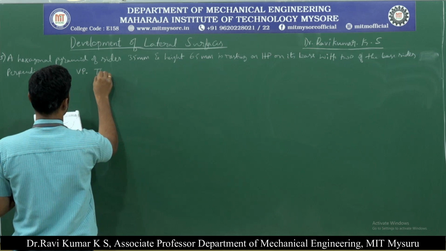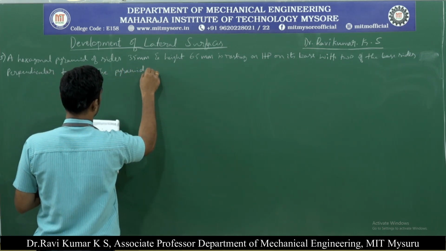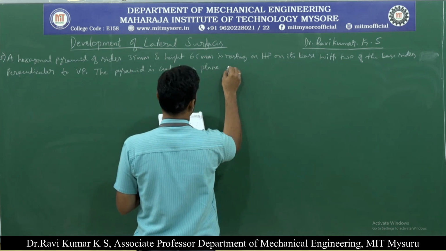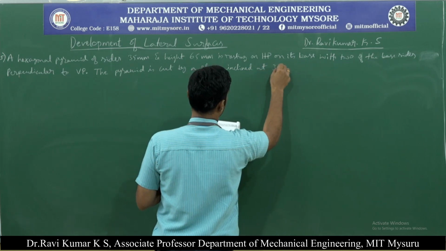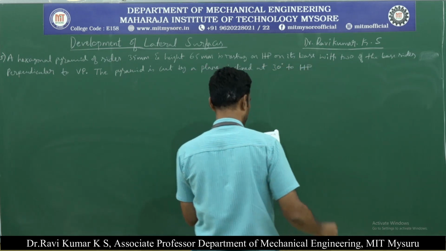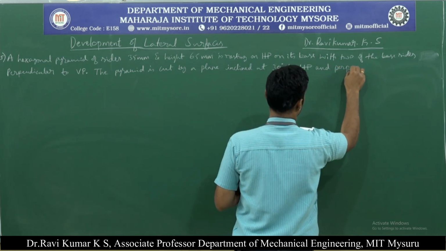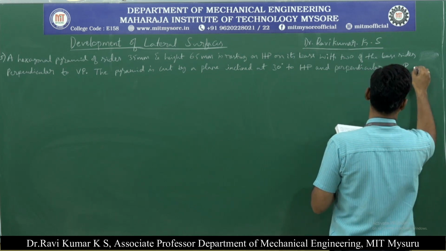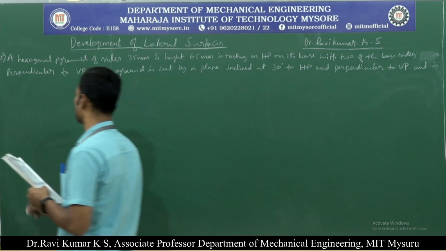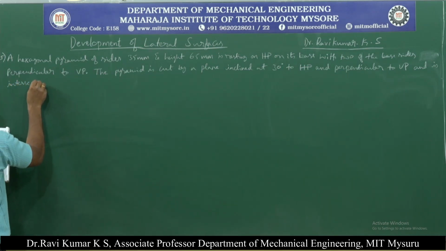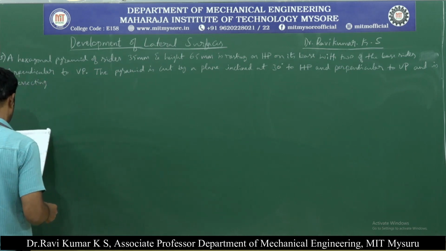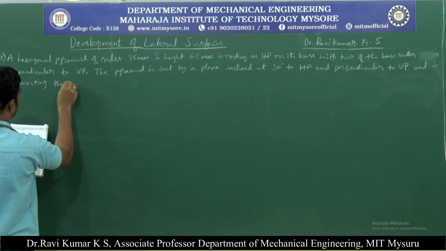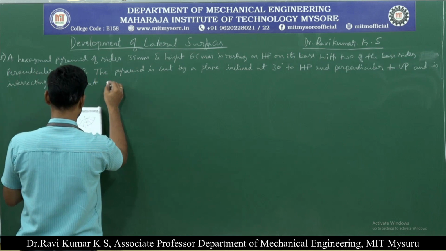The pyramid is cut by a plane inclined at 30 degrees to HP and perpendicular to VP and is intersecting the axis at 30 mm above the base.